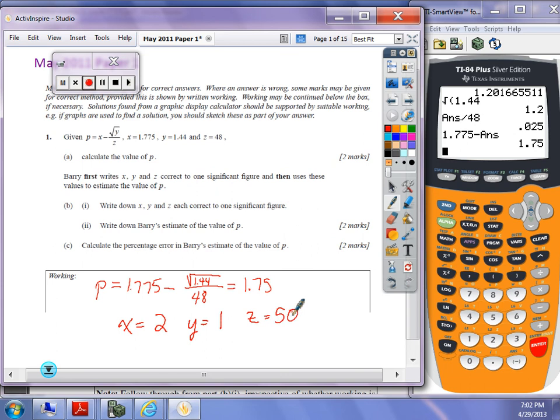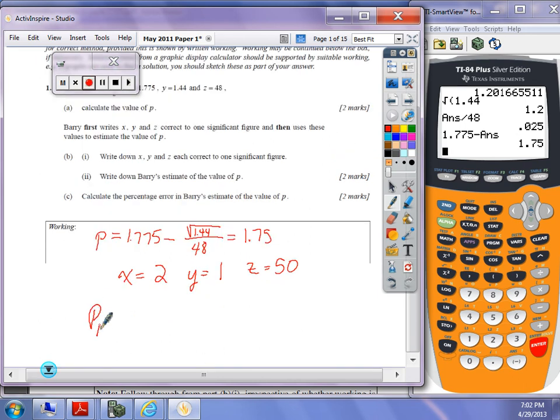And then we're going to calculate Barry's estimate of P. So what Barry has done, I'm going to call this Barry's P is equal to, and he's substituting in the wrong numbers. So he's got for x 2, and for y, he's got 1, square root of 1, divided by 50.